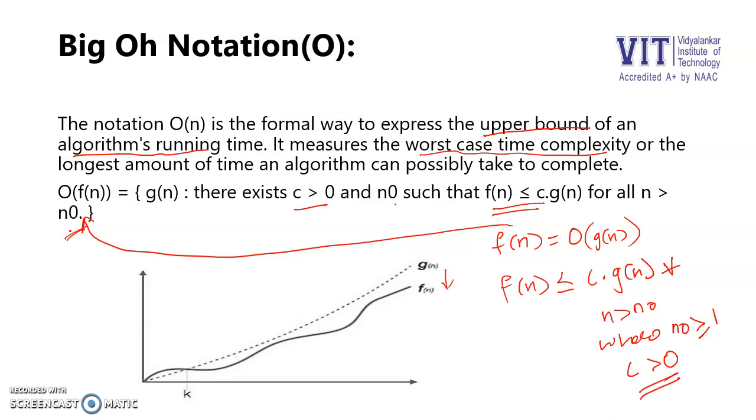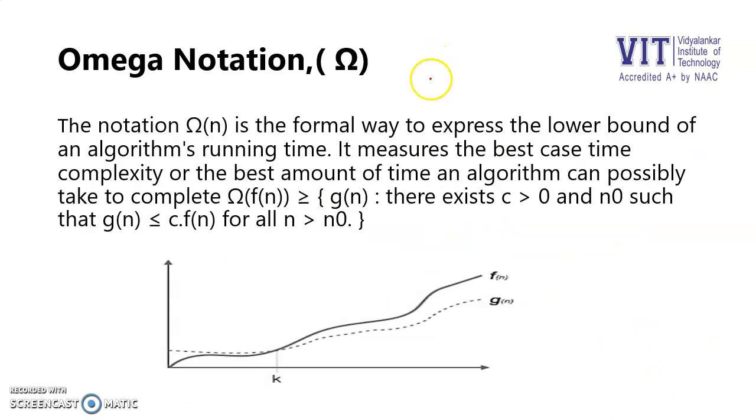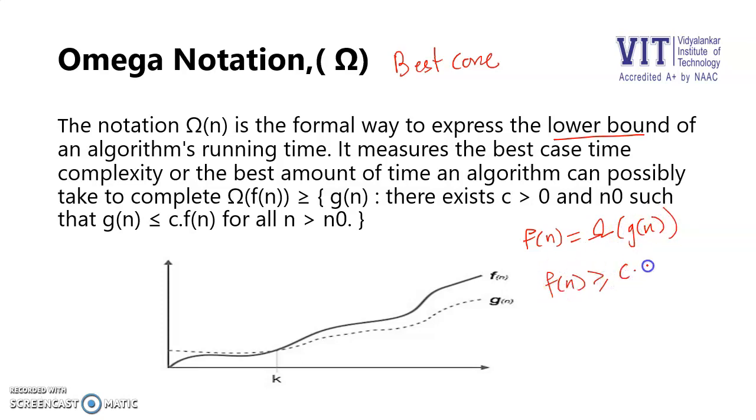Now, the next is omega notation. Omega is the formal way of expressing the lower bound of algorithm running time. And how we say f of n is omega of g of n such that f of n is greater than or equal to some c times g of n, where c is greater than 0, and this condition will be true for all values of n greater than n0, where n0 is greater than or equal to 1.